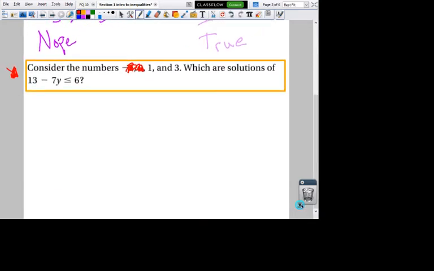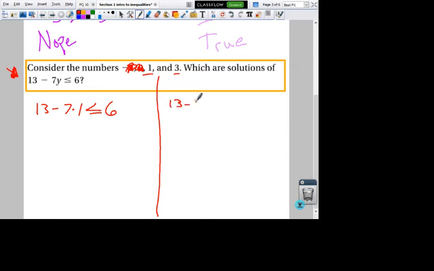Okay, we're going to start by plugging in the number 1 in here. So I have 13 minus 7 times 1 less than or equal to 6, right? I just plugged in 1 for y. Okay, I'm going to do a completely separate problem, and this time I'm going to plug in 3 for y. So you're doing 2 problems. So this in-class thing is actually 2 problems.